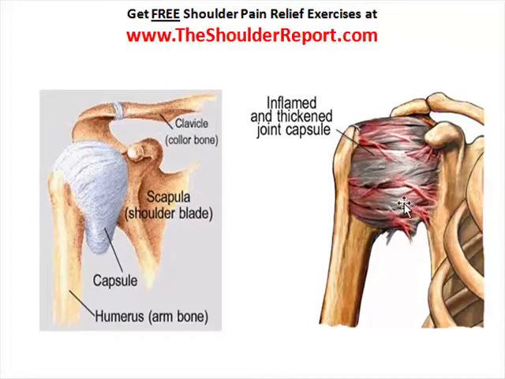You can see the redness and the gray in the picture here, which is sort of trying to depict how inflamed and thick this joint capsule can become, and it literally freezes or locks down your shoulder joint. And when you try and stretch this out, because of that tightness and thickness in the joint capsule, that stretching pain results in you not being able to lift your arm at all.